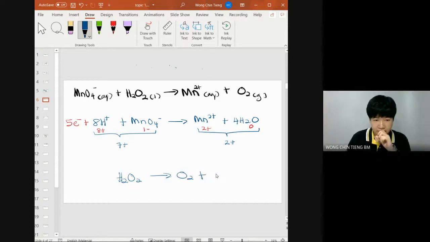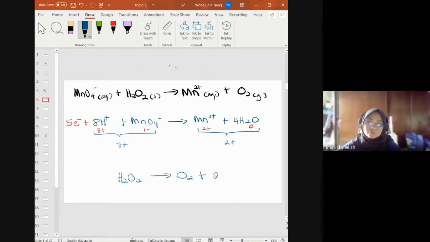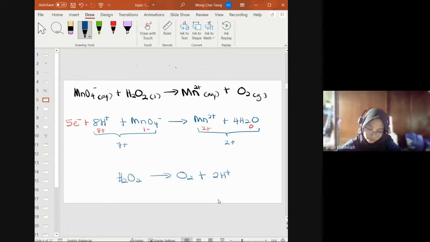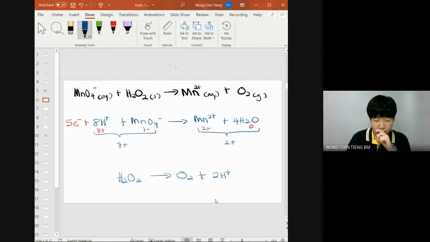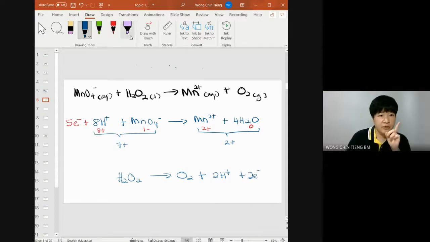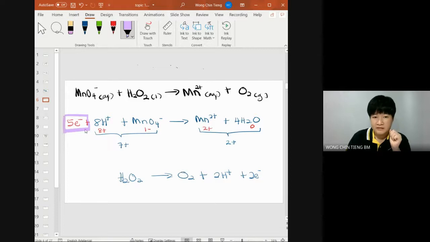How many? 2. How many electron? Electron 2 also, on the right. Kelas 7? Setakat ni. Okay. So your first half equation over here should be similar like this, where you will have 5 electron for the first half equation on the left. The second half equation ada 2 electron on the right.